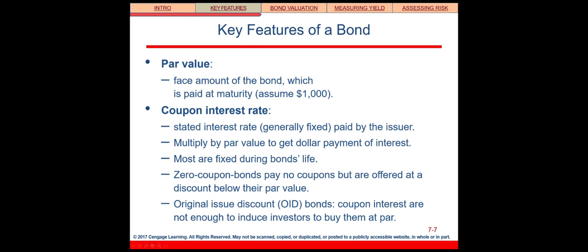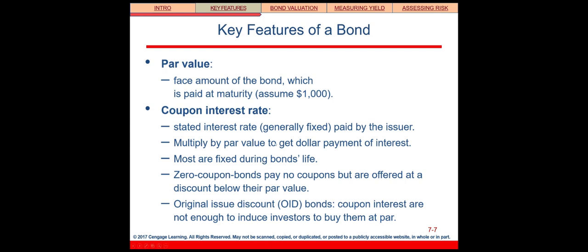But zero coupon bonds do not have a coupon at all, therefore their price is always at a discount. And if it's an original issue discount bond, meaning that yes, they do have a coupon, but the coupon interest rate is too low. Still, it helps raise the price, but still not high enough for the price to reach its par value.